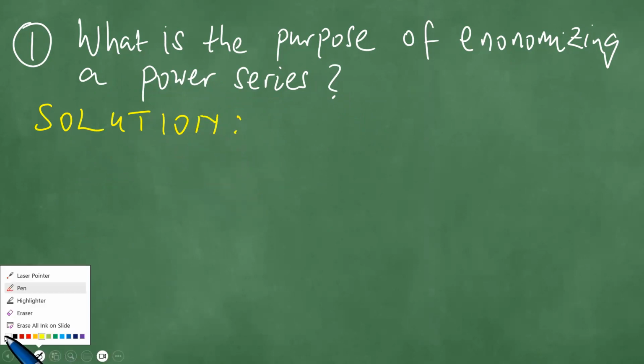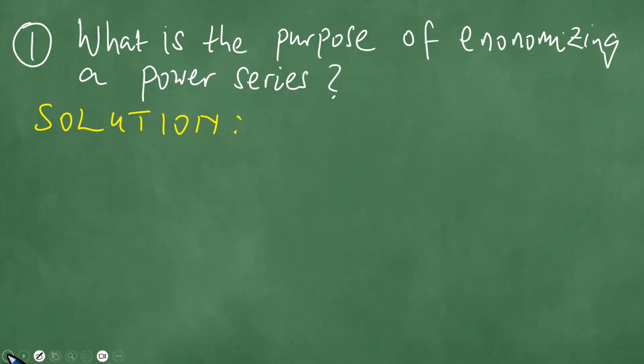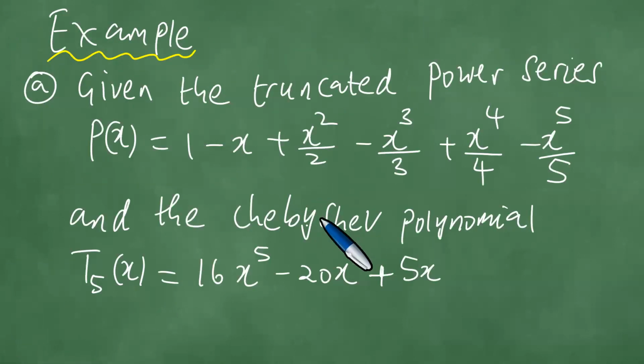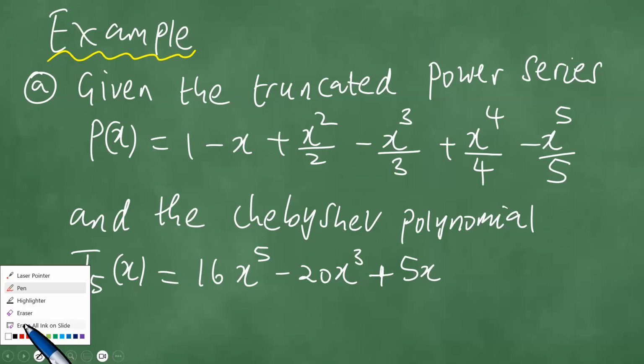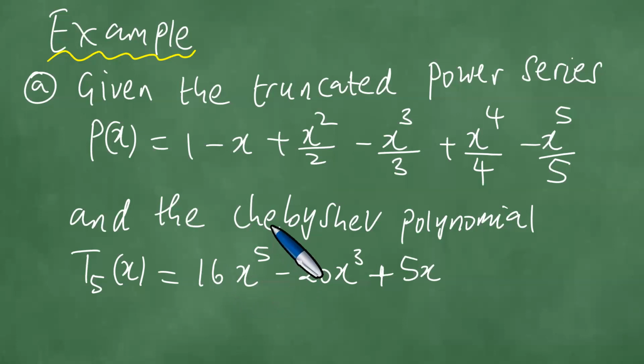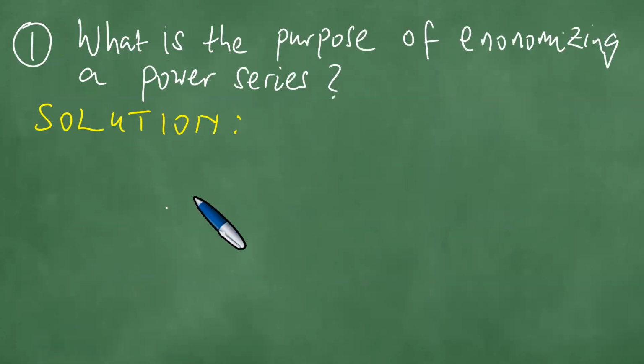We look at the solution to this. Given the truncated power series this and the Chebyshev polynomial that, what is the purpose of economizing a power series? Here's the answer.